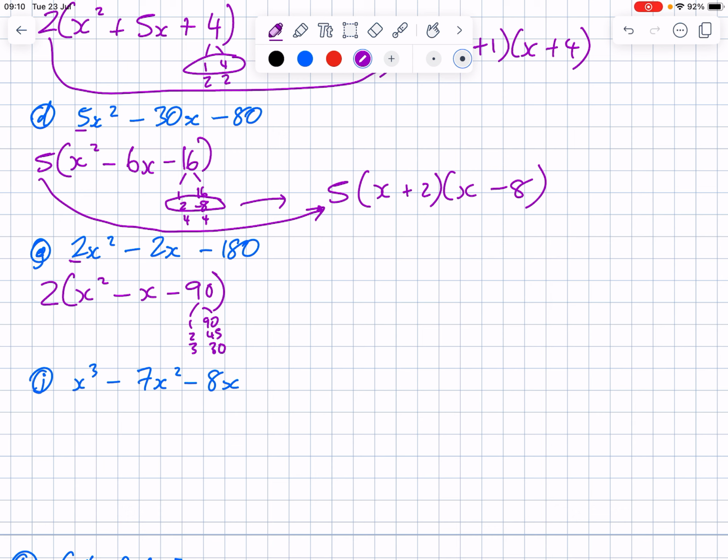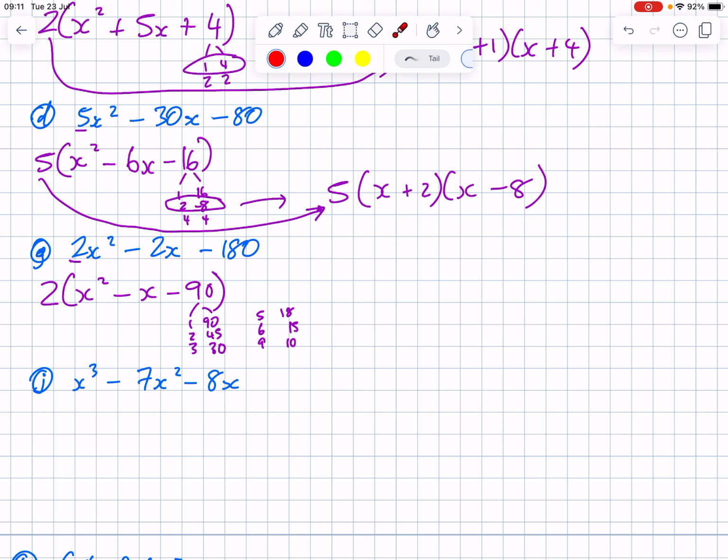Does 4 go into it? 90 divided by 4, no. 5, 90 divided by 5, 5 and 18. 6 and 15. 90 divided by 7, definitely not. 90 divided by 9 is 10. 9 times by 10. Those are the factors.